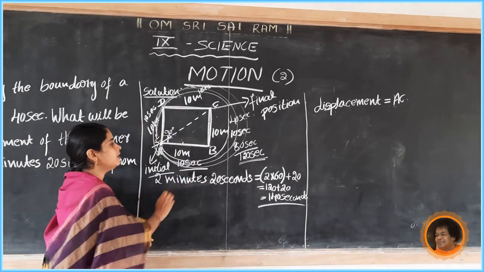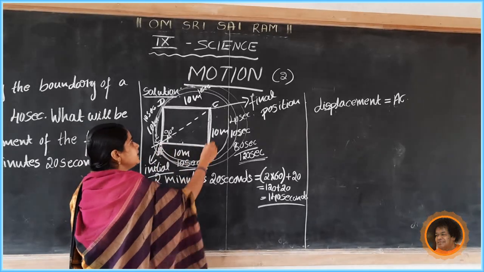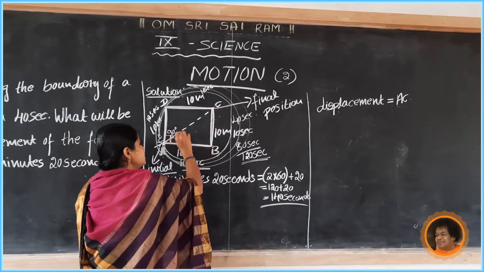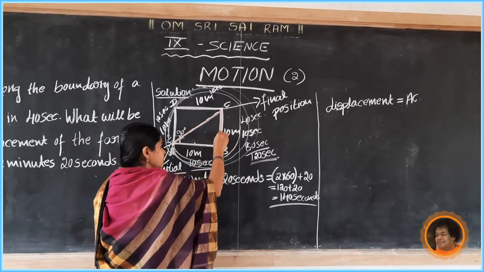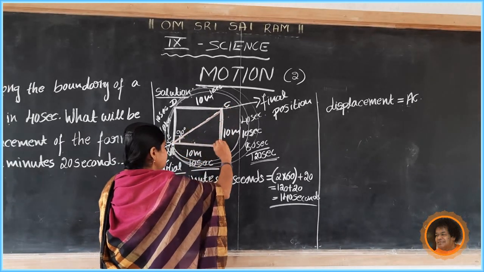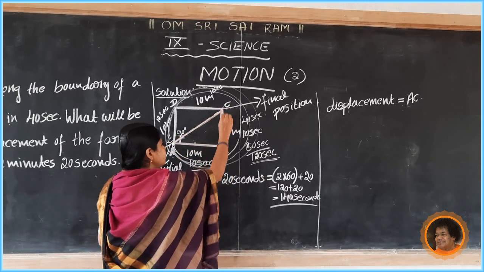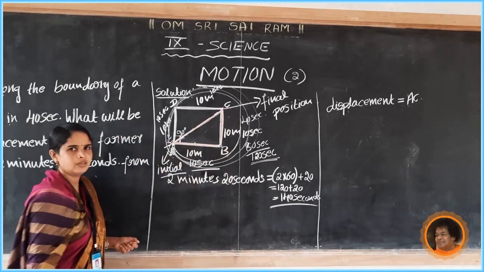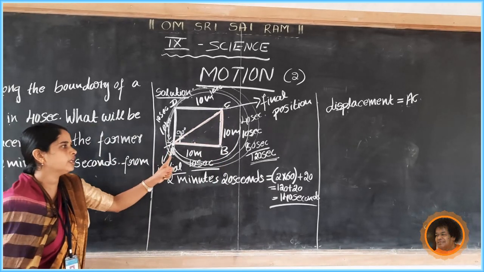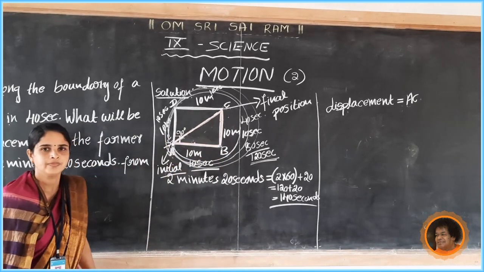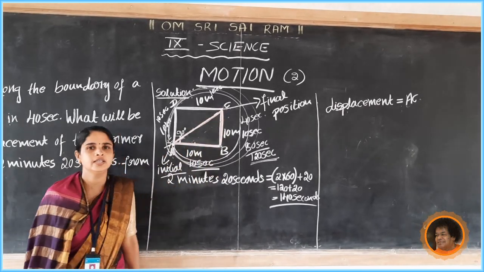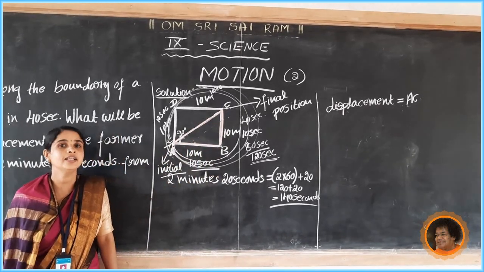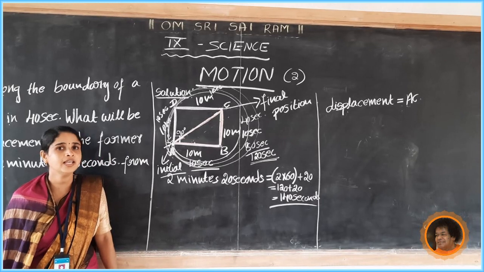Okay, see here, this ABC, which type of figure is it? Can you identify ABC? Here are three sides AB, BC and AC. It is a triangle.